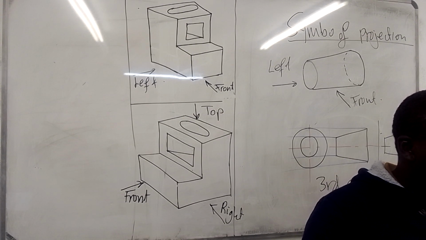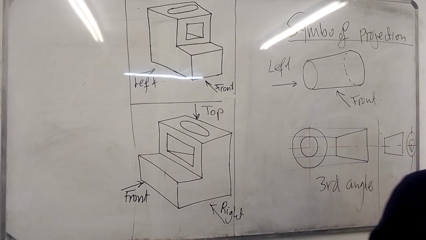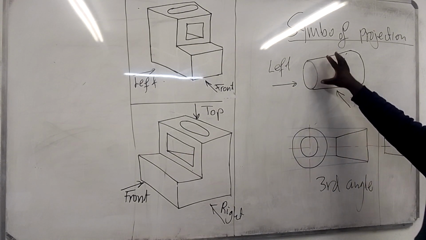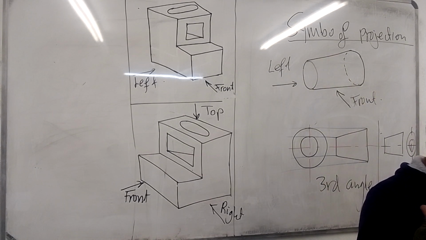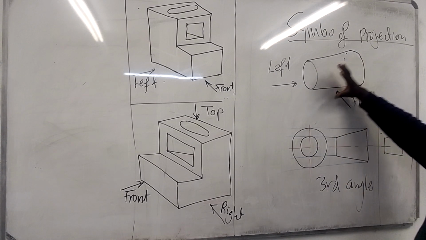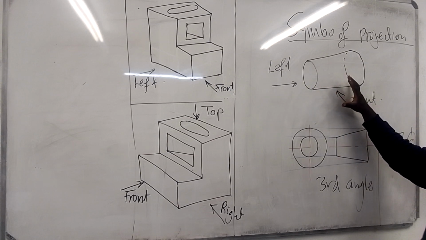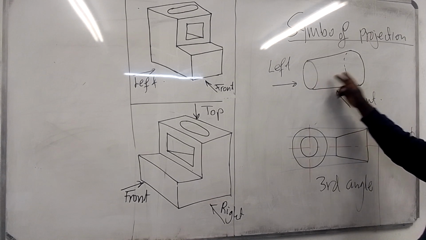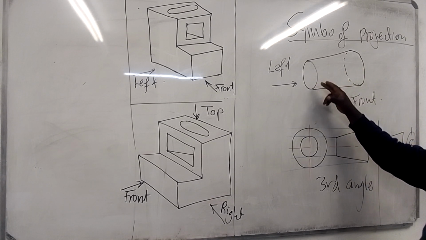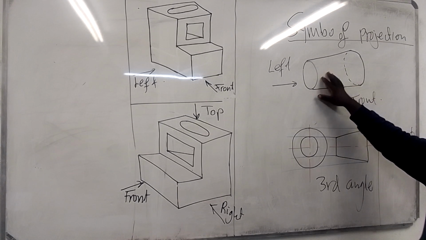Just kindly explain on the symbol of projection. Okay. What I was saying is, this is a cone-shaped block. It is always sitting in this direction, not the other way. When you are pointing the arrow on its length, you are going to get the front view.